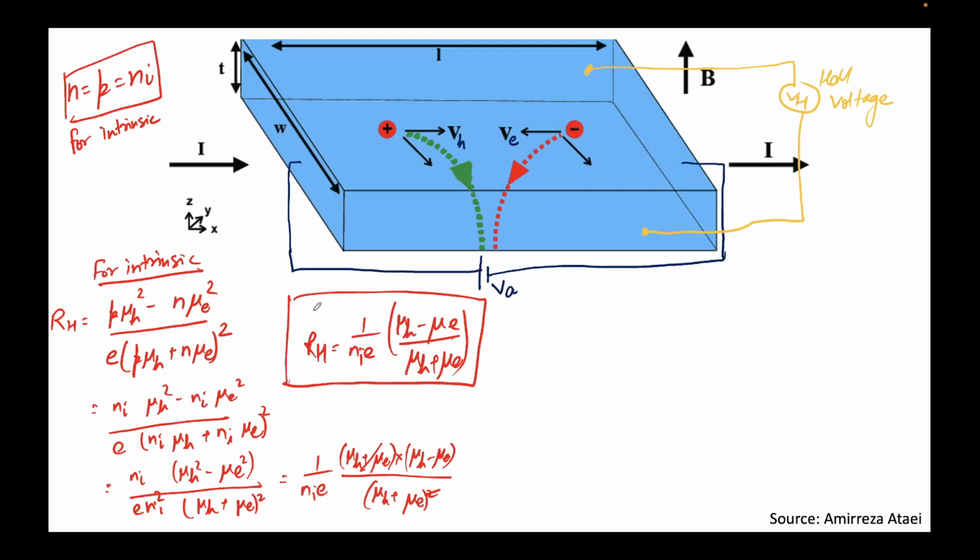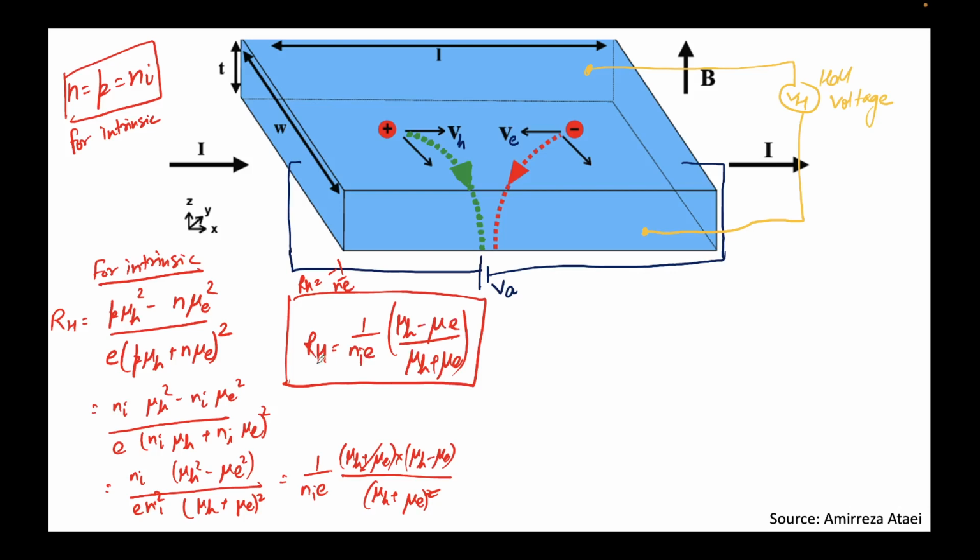Now note that in an extrinsic semiconductor, RH is simply minus 1 over Ne. Just by looking at this sign and this number N, by measuring the Hall coefficient, we can get the carrier concentration. We can't do that here, since RH depends on the intrinsic carrier concentration Ni as well as the mobilities.